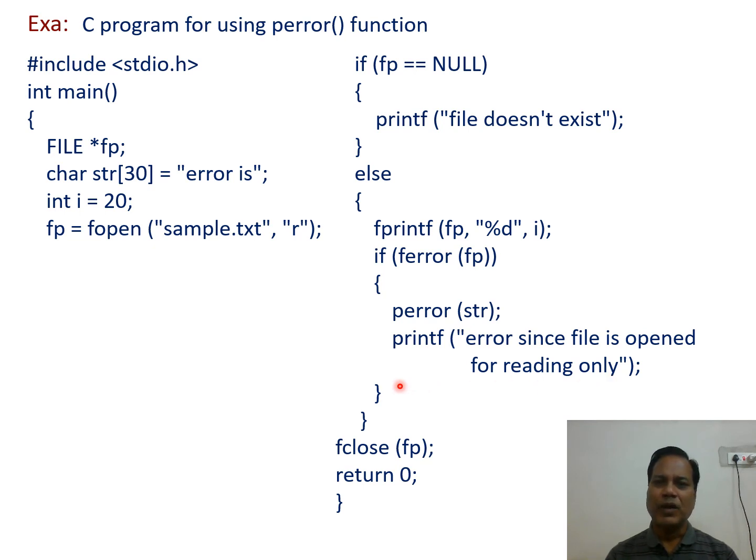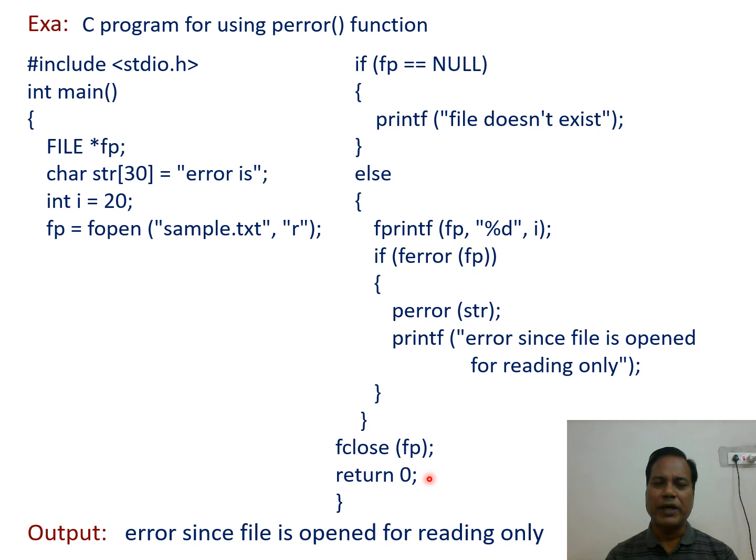Then control comes out of the if else statement, fclose(fp), the file is closed, and the return statement returns value 0 to the operating system, informing that the program ran successfully. When this program is run, we get the output like this one: error since file is open for reading only.